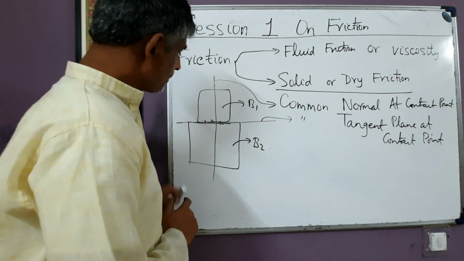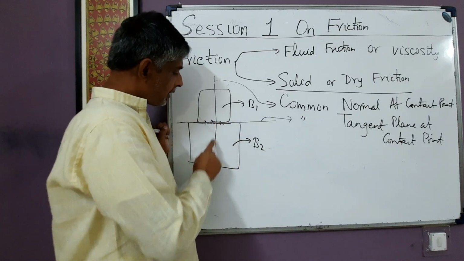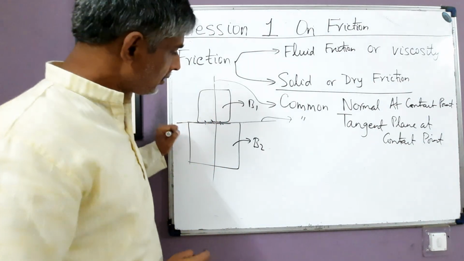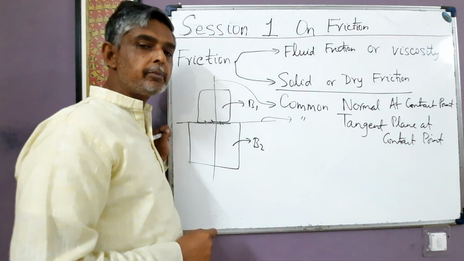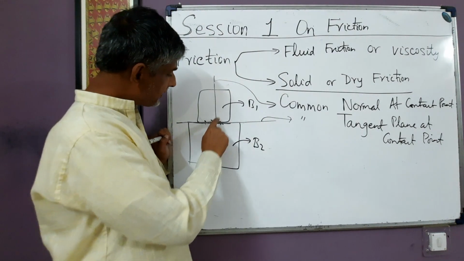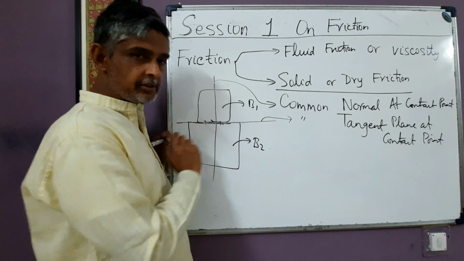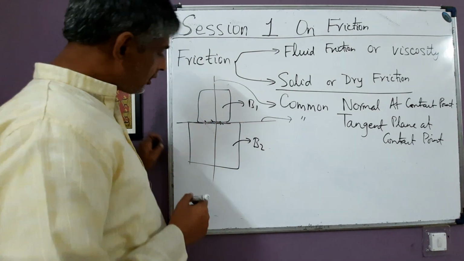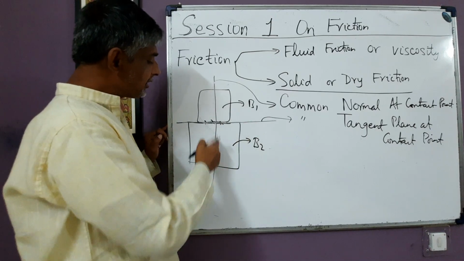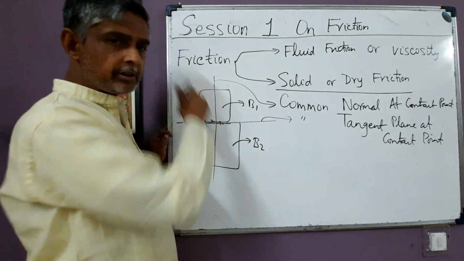Now these two solid bodies exert contact forces on each other in accordance with Newton's third law. This contact force will be denoted by Fc. Body B2 will exert some contact force on body B1, not necessarily along the common normal, but in some arbitrary direction.